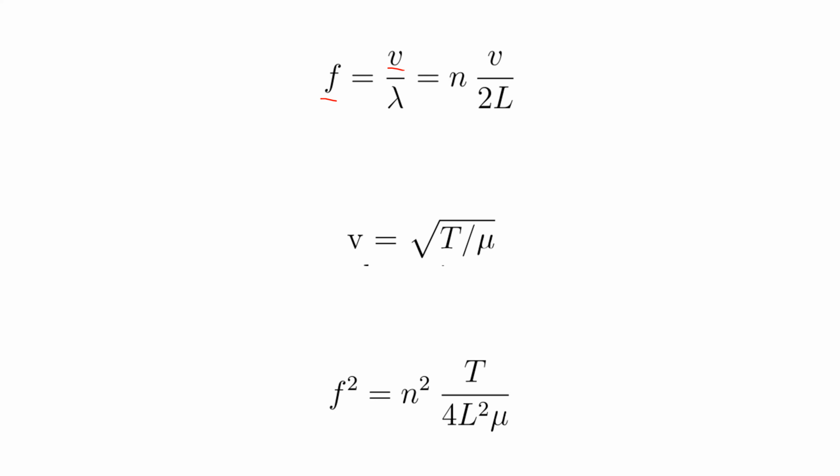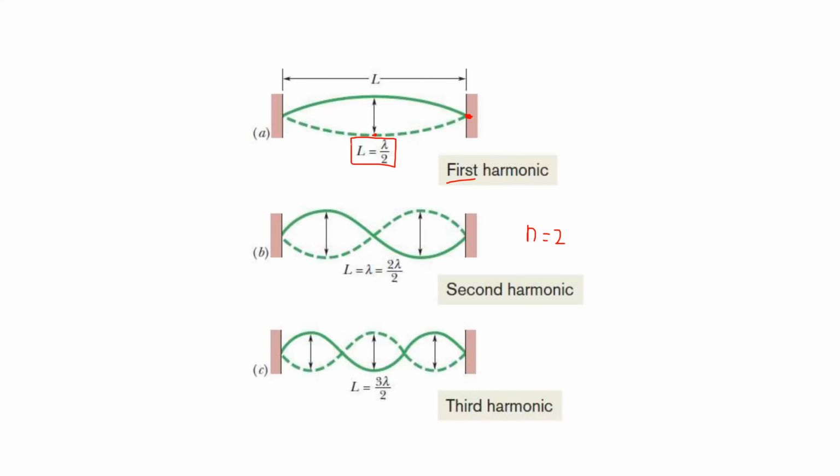Remember, it's not just one wave; it's two waves interacting, and each one has a velocity. So the frequency is the velocity of those waves over the wavelength, which is equal to n, the number I talked about earlier, times the velocity divided by 2 times the length.